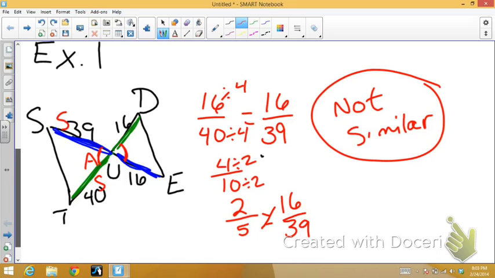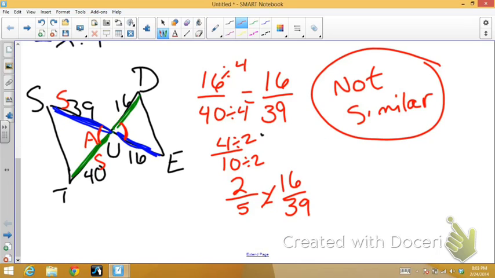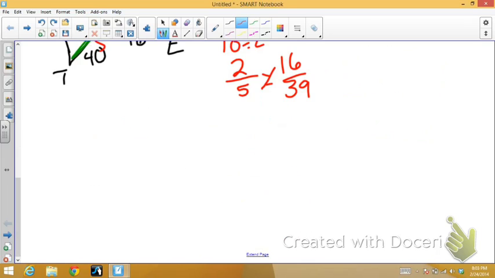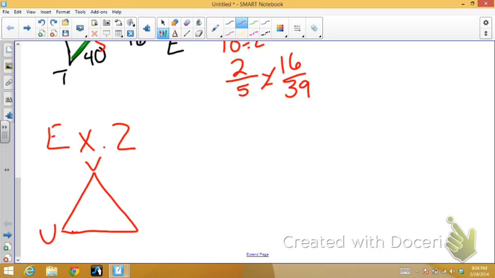So let's look at a second example of proving triangles similar. So we have triangle VUT, and given to you is that this angle we're going to put 2 marks, this angle we're going to put 1 mark.